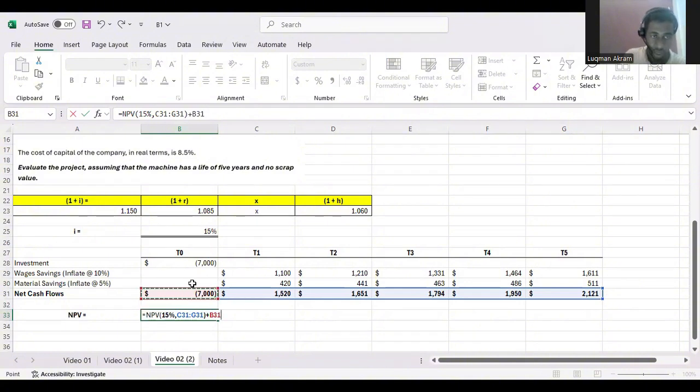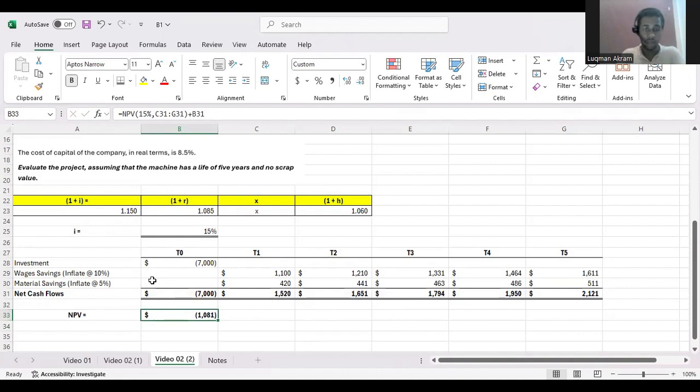In the time zero column, it should be negative 7,000, not positive, because it's a cash outflow. So please understand that. Now you get a negative NPV of 1081, which means you should not move on with the project.